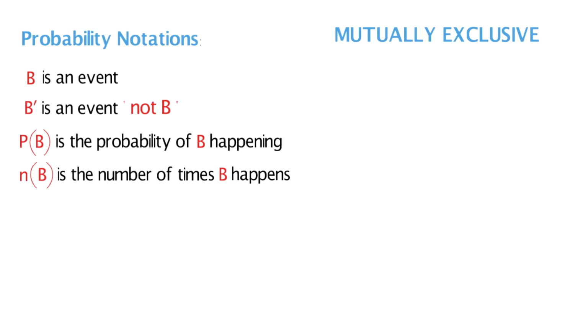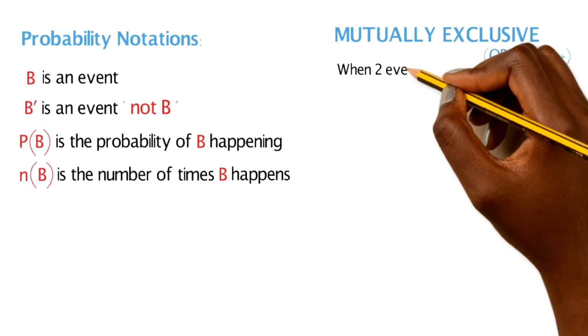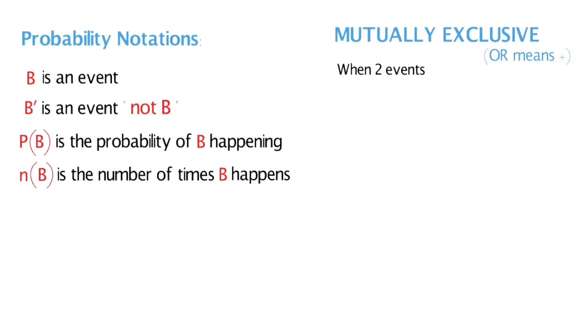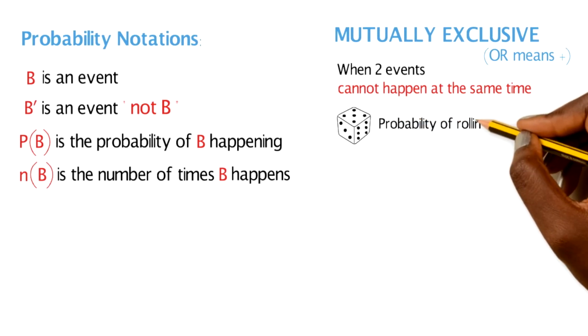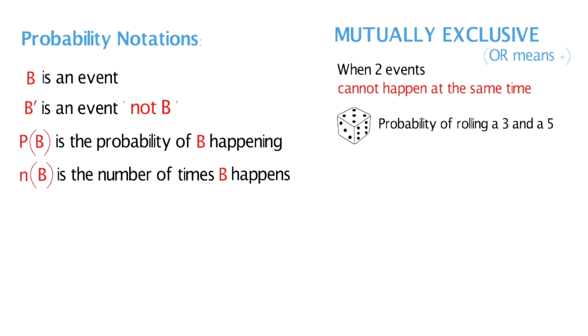Then two other important terms. The first one is mutually exclusive, also known as when you're adding, which I'm going to explain why. This is when two events cannot happen at the same time. For instance, if you have your dice and you're trying to work out the probability of rolling a 3 and a 5, you can't roll a 3 and a 5 at the same time.